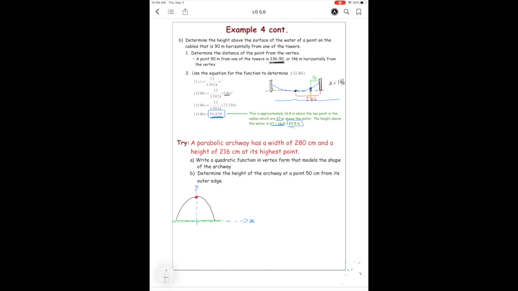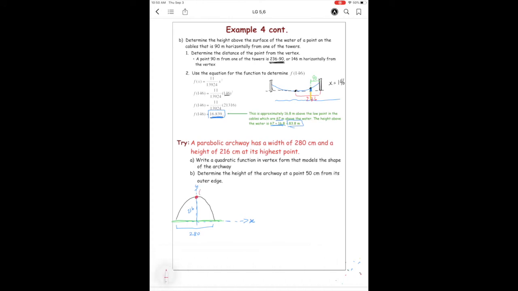Now let's put some of the measurements. The first thing is it says it's a height of 216, so that's from there all the way to there. That's 216. And it says it's 280 wide. So from there all the way to there is 280.